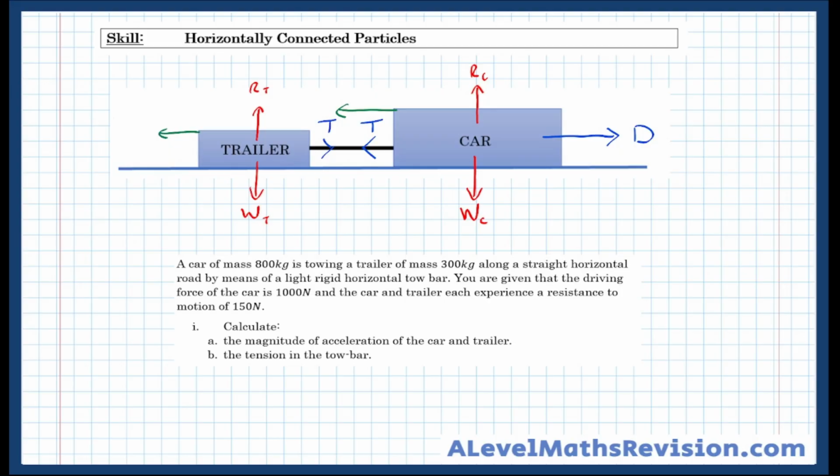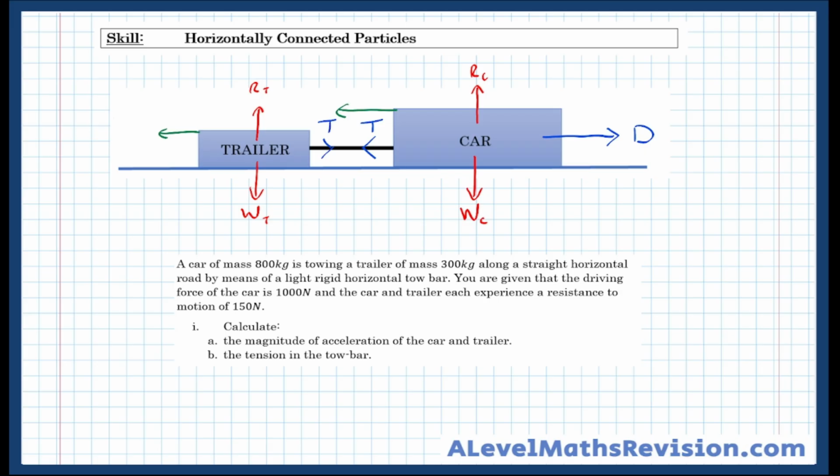So a car of mass 800 kilograms is towing a trailer of mass 300 kilograms along a straight horizontal road by means of a light, rigid, horizontal tow bar. You are given that the driving force of the car is 1000 newtons and the car and trailer each experience a resistance to motion of 150 newtons.